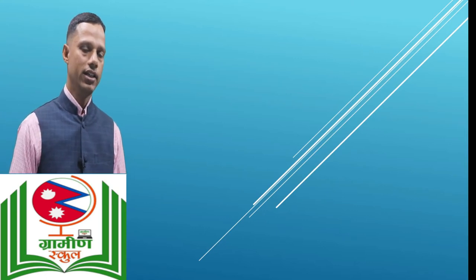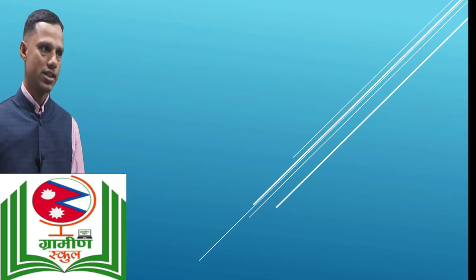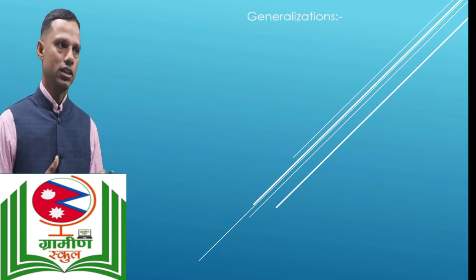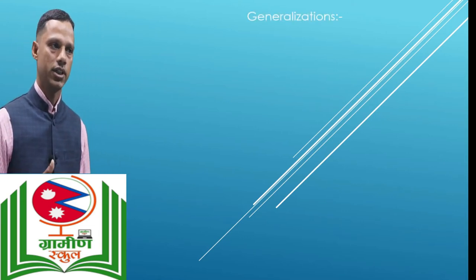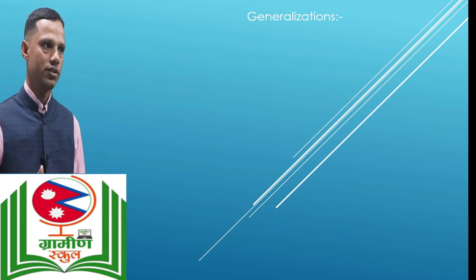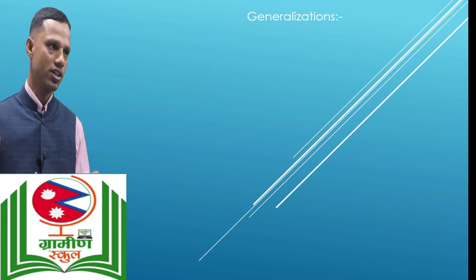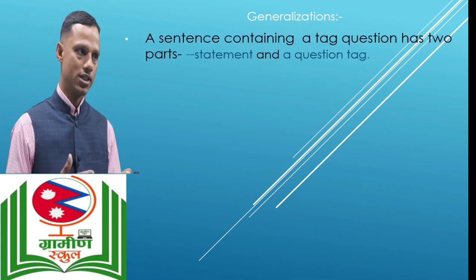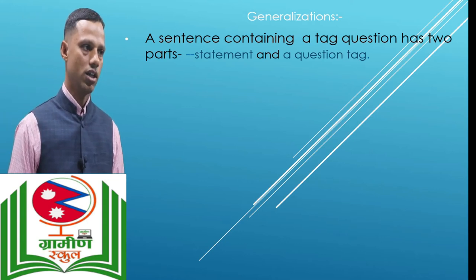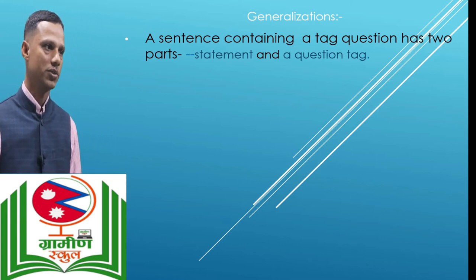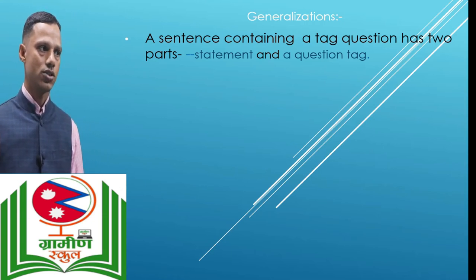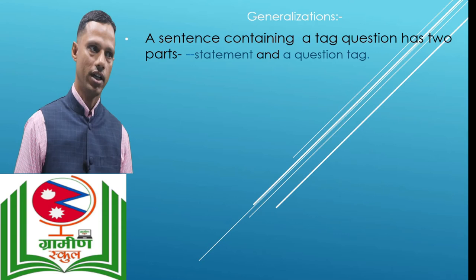Now, in these examples, you might have noticed the verb used in the statement and the question tag we made. Now, what can we generalize from these examples? Let's find out the rules from the examples we studied just before. Let's see the first generalization. A sentence containing a question tag has two parts, a statement and a question tag.